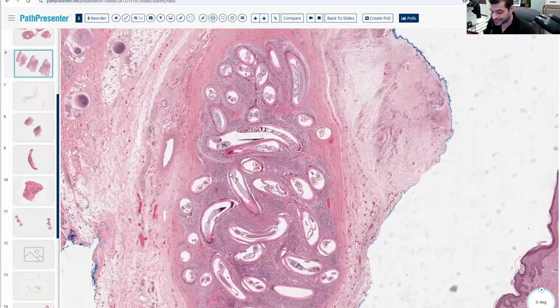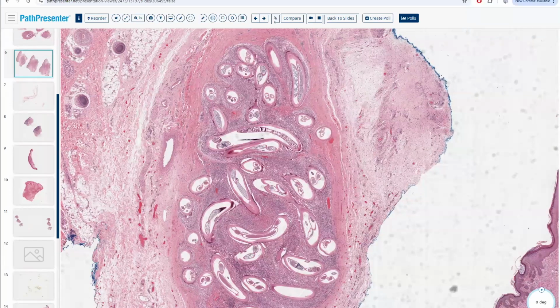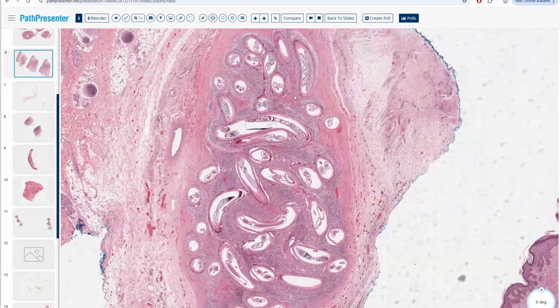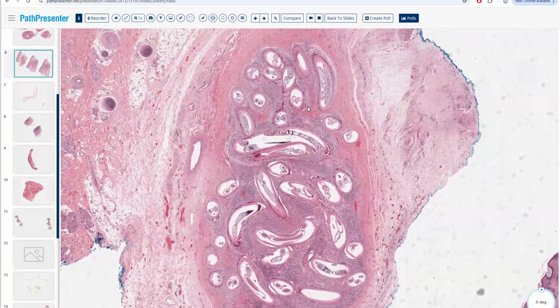What does that look like? I'm between... no, not schistosomiasis. These are too big for schistosomiasis.